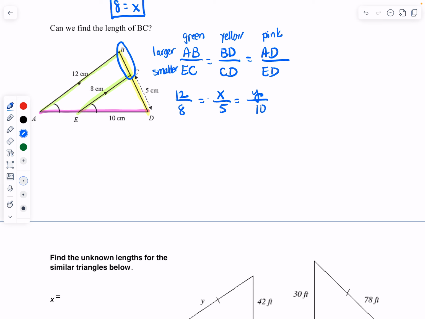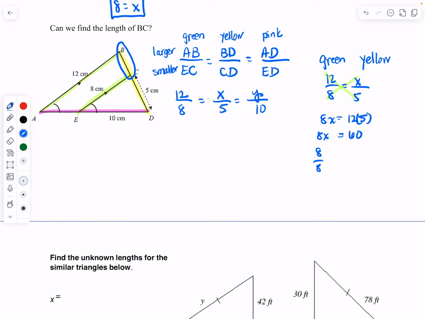Now, they're asking me to find the length of BC. So I'm going to use green and yellow, okay? I'm going to ignore pink altogether because it didn't ask me for anything about pink. All right, so I'm going to use 12 over 8 equals yellow, which was x over 5. Now I'm going to cross multiply. So this becomes 8 times x equals 12 times 5. 12 times 5 is 60.